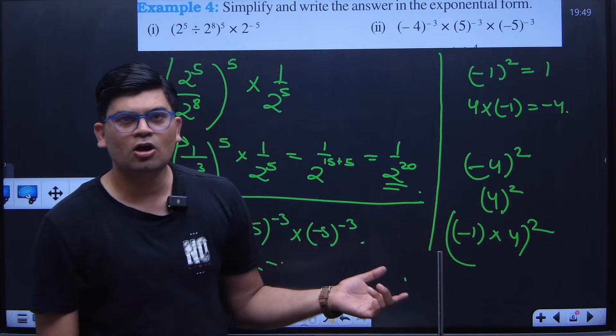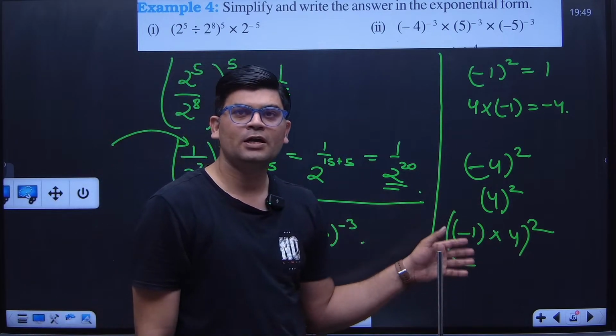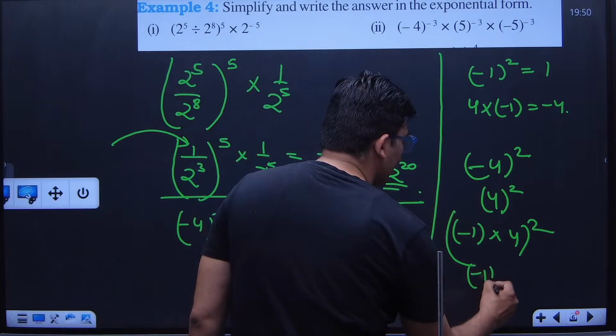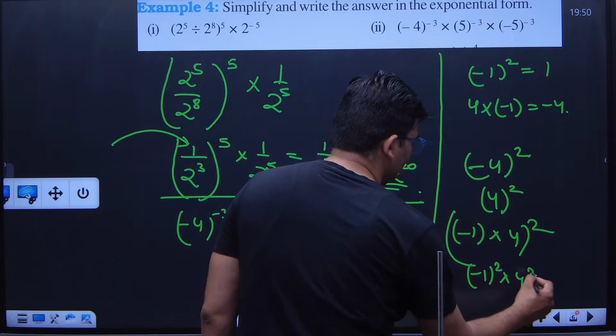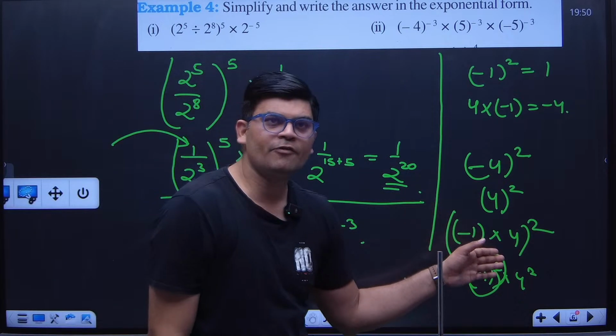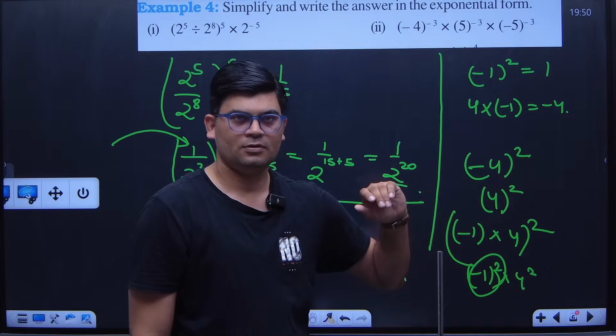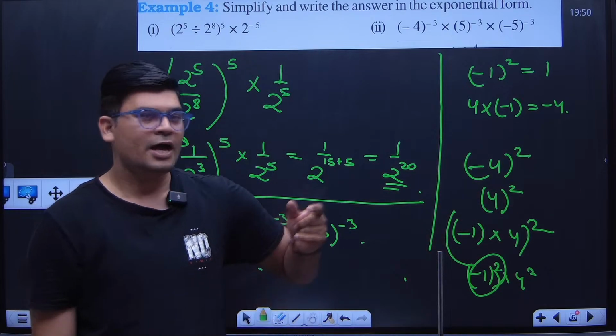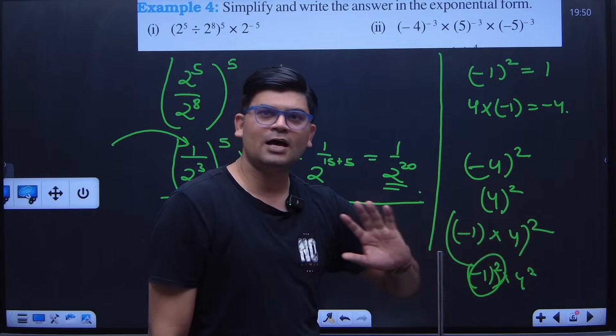Now if you apply the law of exponent, the third law, you can rewrite it as minus 1 to the power 2 into 4 to the power 2, and this is going to be 1. So if you see a negative number with an even power, the answer is always positive, and if the number is negative with an odd power, the answer is negative.